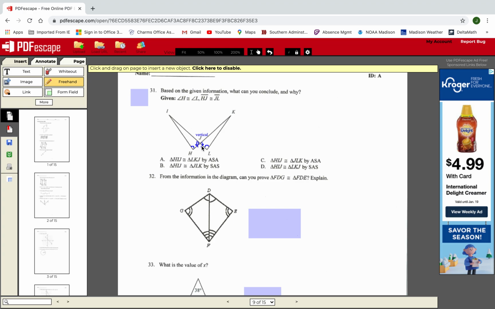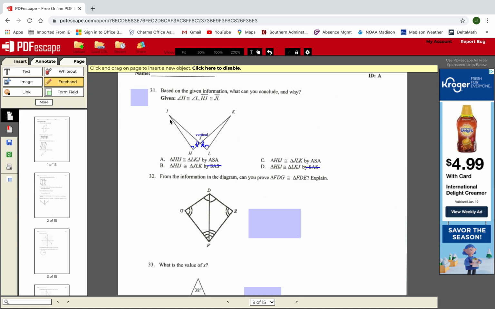So given the given information and that pair of vertical angles, which method can we use to prove congruence? We have two angles on a side and the sides between the angles, so the S should be between the A's. So we should use ASA. Notice there are two answers here that show ASA. So we are going to look at the congruent statement to see which one's in the correct order. They both start with HIJ.